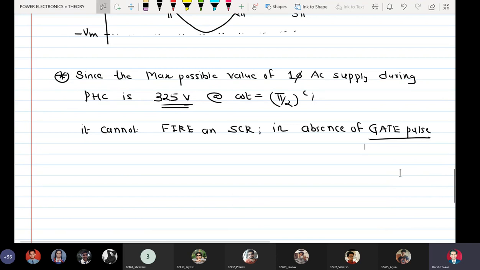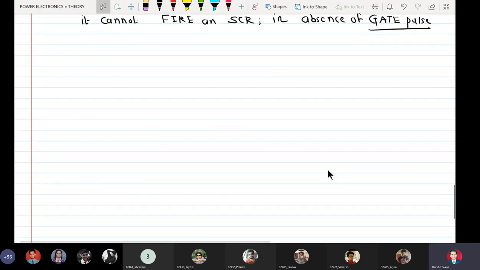planar structures of an SCR. So I first make a statement and then we will try to appreciate that statement.